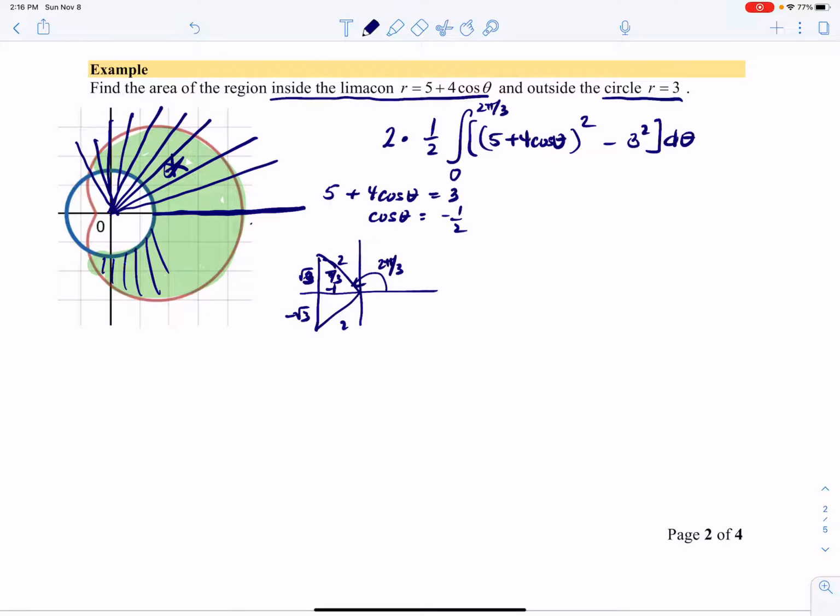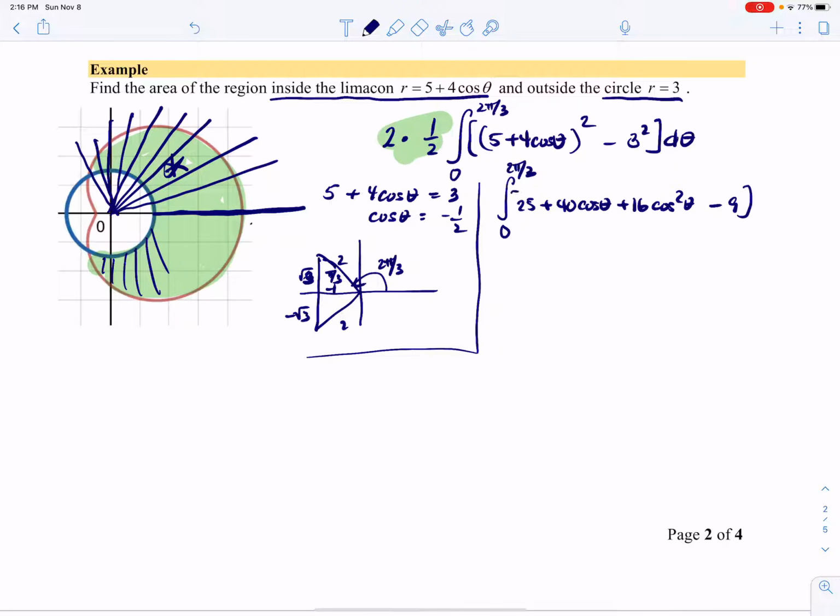So there's the setup of our integral. So let's figure out the rest of it. So these cross out, so I'm not even going to bother writing a number anymore. So we're going to have the integral from 0 to 2 pi over 3, 25 plus 40 cosine theta, plus 16 cosine squared theta, minus 9.